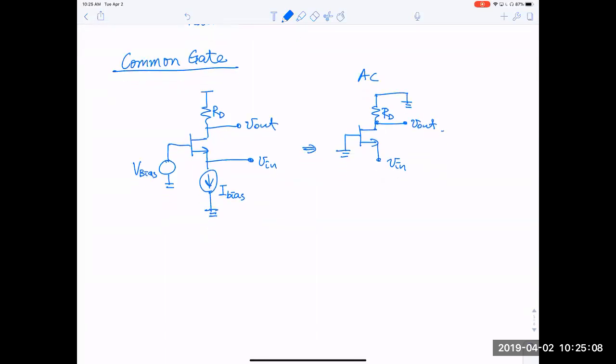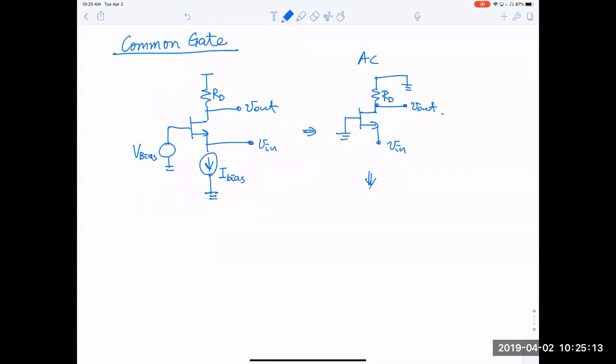If you continue with the equivalent circuit, the hybrid pi model, then we will have a gate that's grounded. Now the source is not grounded. Now we will apply this. It is commonly used as a current amplifier. So I will use a current source here, IS.